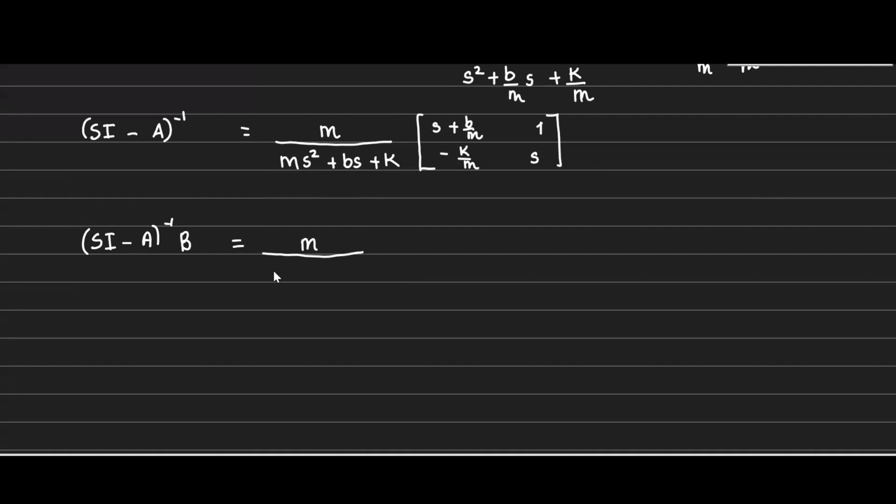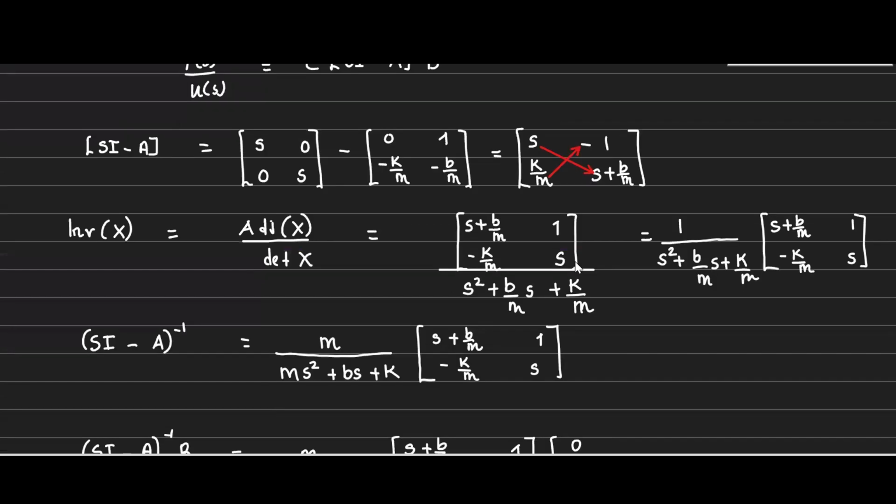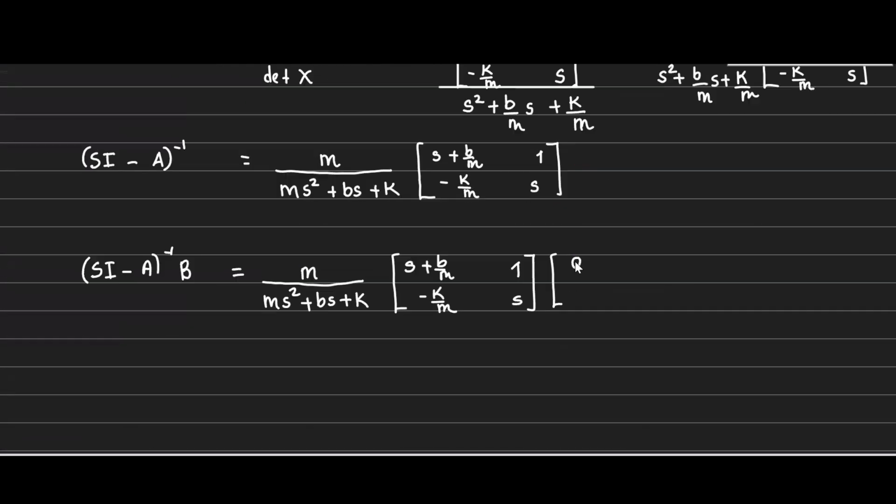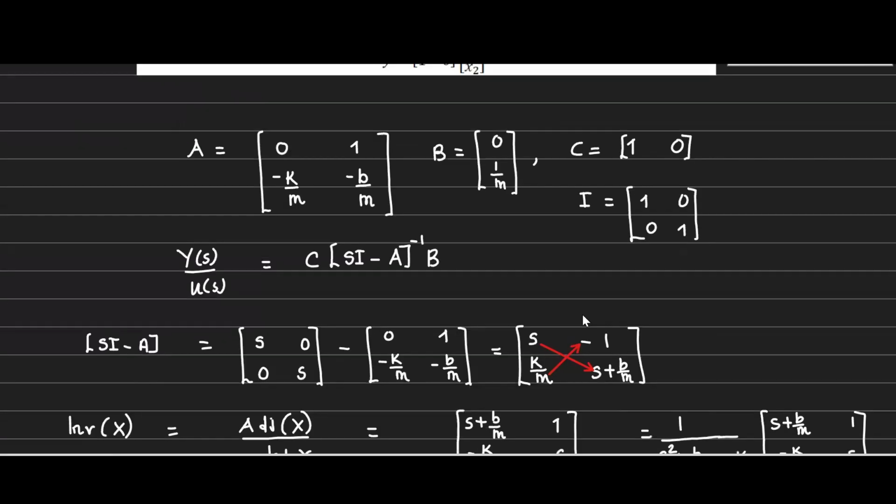So M S squared plus B S plus K. I'll bring this matrix here, S plus B over M, minus K over M, and then 1, S, and then multiply by matrix B. Matrix B is given by 0 and then 1 over M. That is matrix B.